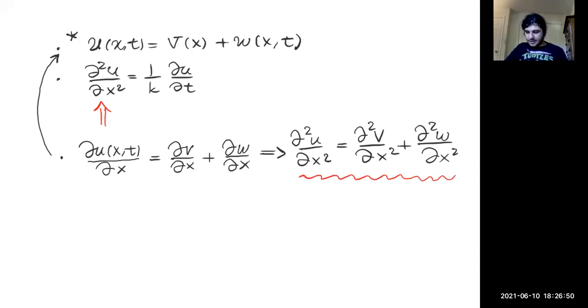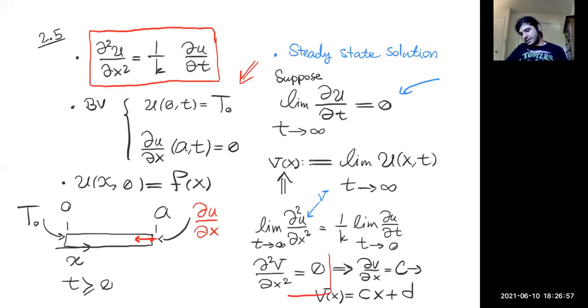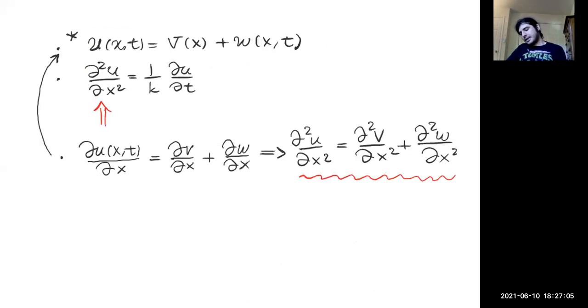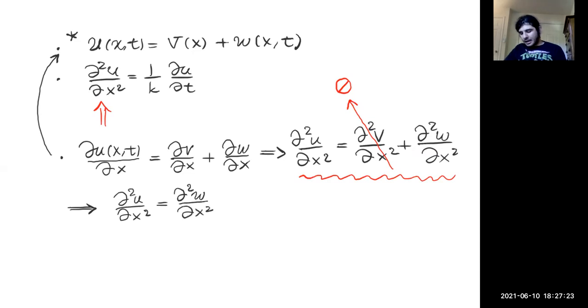If we go to the previous page, remember the equation that v should satisfy: the second derivative of v with respect to x is 0. That's great, because here we have the second derivative of v with respect to x, and that is equal to 0. So let's look at the remaining part of the equation. It tells us the second derivative of u with respect to x is equal to the second derivative of w with respect to x.